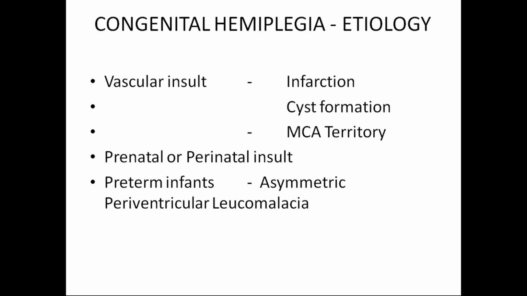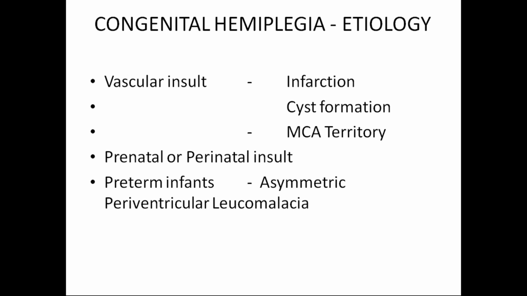So cyst formation can be there, and MCA territory can be involved. This is the middle cerebral artery, which is a branch of the internal carotids. They can be affected, and then the insult can be prenatal, maybe in the fetus or in the womb, or perinatal insult, as we discussed. Maybe this is during the parturition or immediately after the delivery.